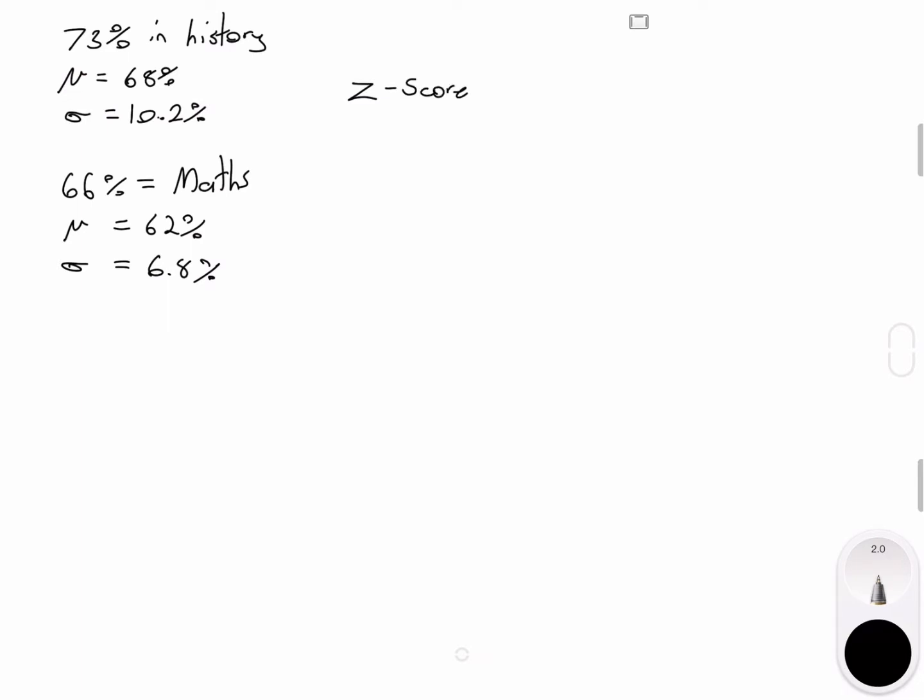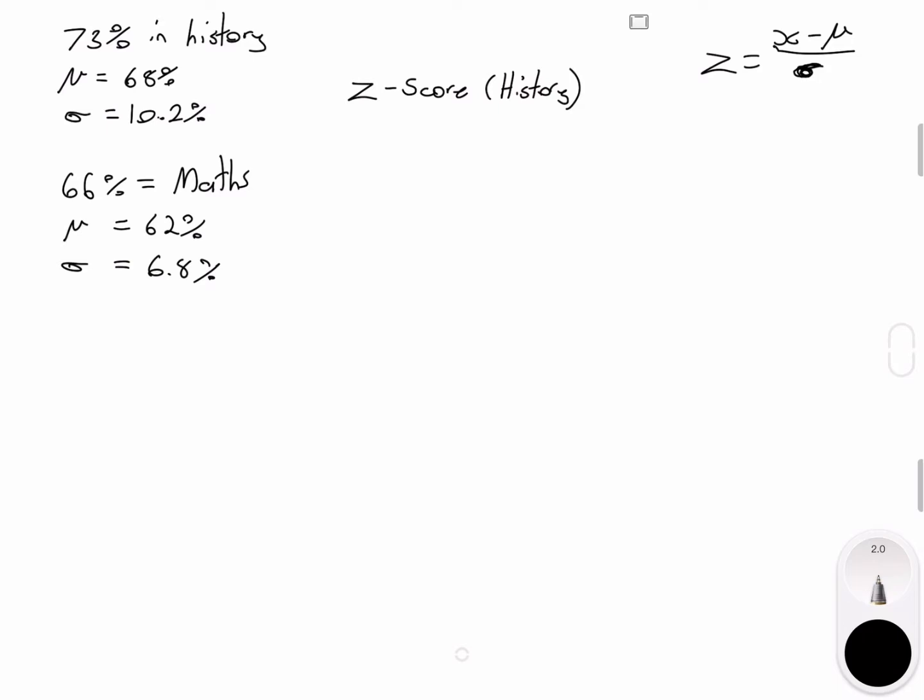And I'm just going to call this z-score. Remember that our z-score is equal to our value of x, take our mean, divided by our standard deviation.